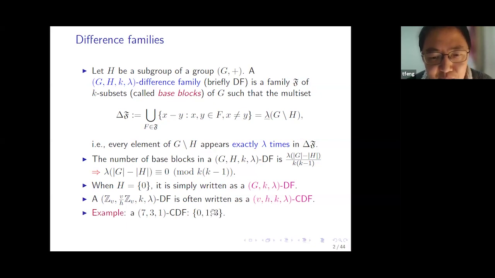And the pair 1, 3 contributes the difference 2 or minus 2. So all the possible elements 1, 2, 3, 4, 5, 6 appear as a difference exactly once. So this is a (7, 3, 1) cyclic difference family. It consists of only one base block.